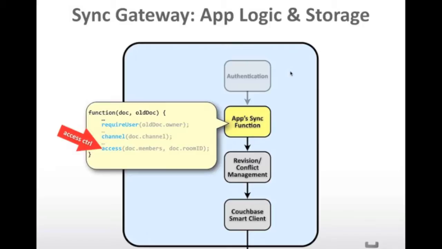So maybe in Lauren's app case, where you have these messages, then a thread may be available to find a channel for that thread and then grant access to the users who were members of that thread using this API.